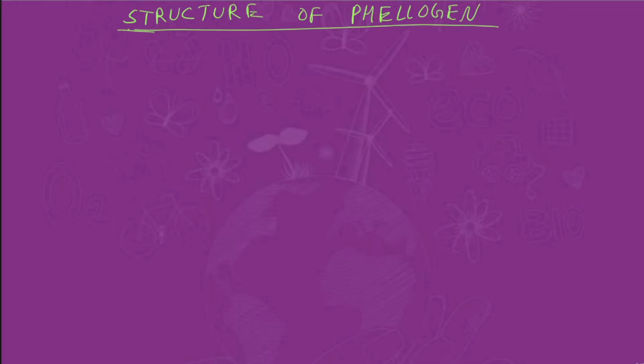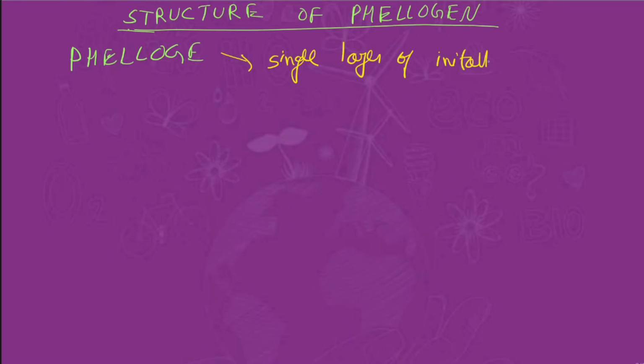Structure of phellogen is done. Phellogen is a single layer of initial cells.